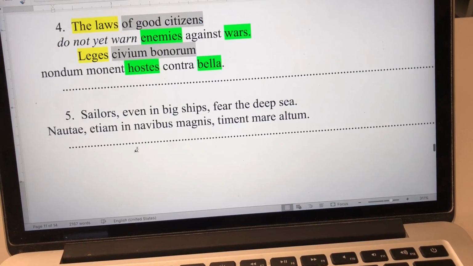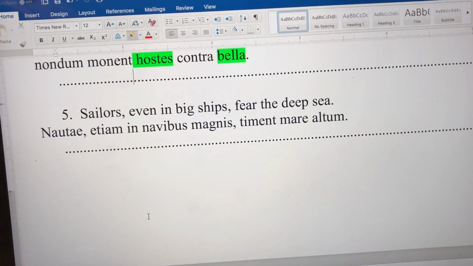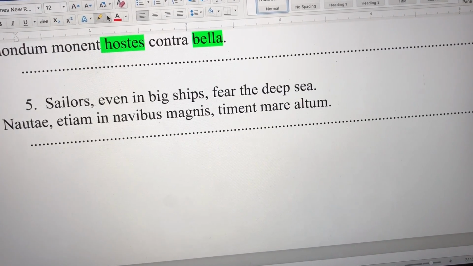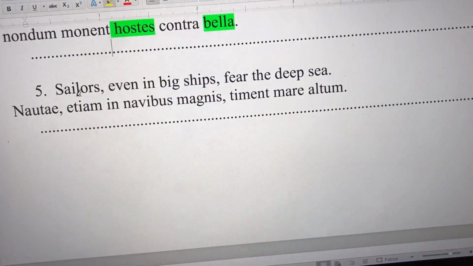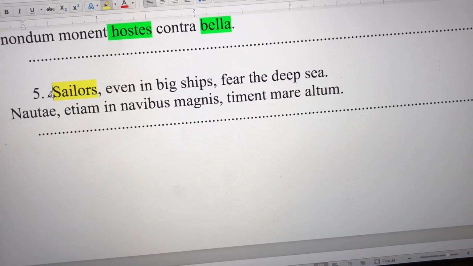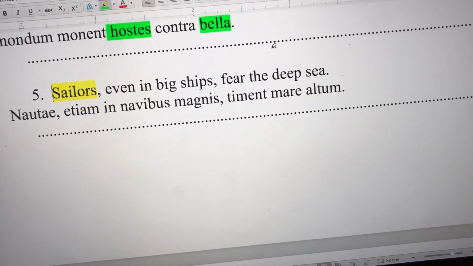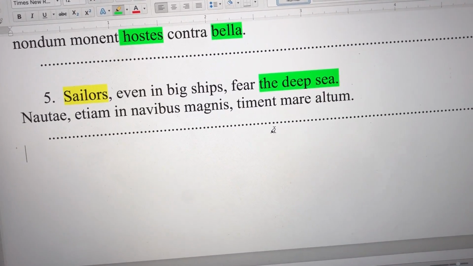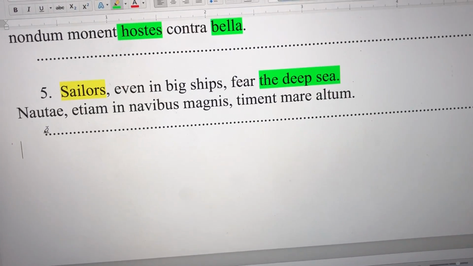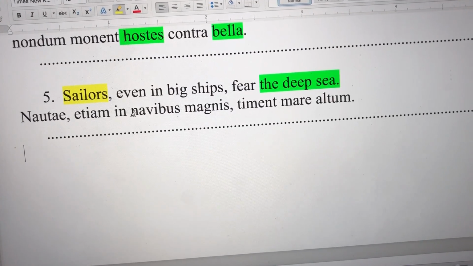Good. And then this last one, I think it's the last one. Sailors, they are our subject because they're going to be the ones fearing. Basically, you have to look at it this way. The subject is that the sailors, they fear, there's our verb, and then what do they fear? They fear the deep sea. So if you look at the main sentence, then we have the nautae are our subject.